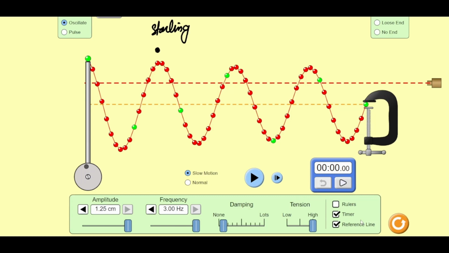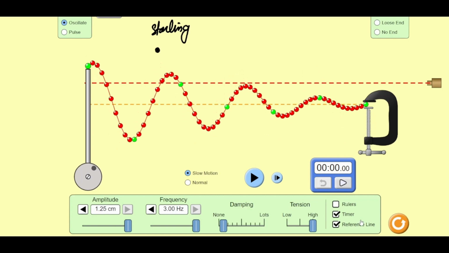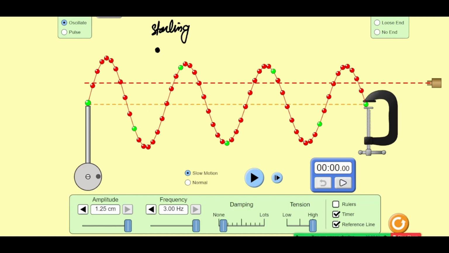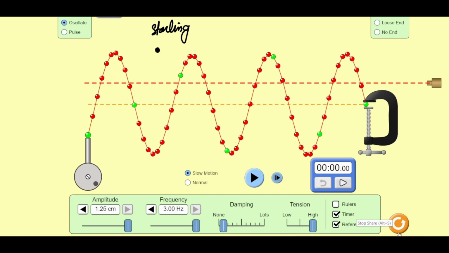I will be expecting another crest to pass this point, so that I can consider that as one complete wave. Now let's move step by step. I can see that there is another crest approaching from this side. Do you see that? I can see that there is another crest approaching from this side to this point.